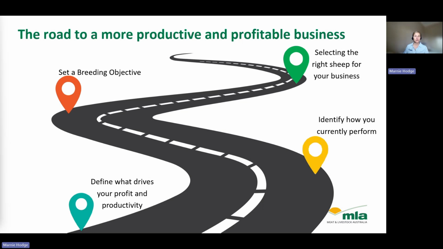You then need to identify how you're currently performing and then use that to set a breeding objective. So essentially a goal for a few years in the future where you'd like to be based on where you're currently performing. And then that obviously leads into using MateCell, which is selecting the right sheep for your business to help improve profit and productivity for yourself, but also for your clients.